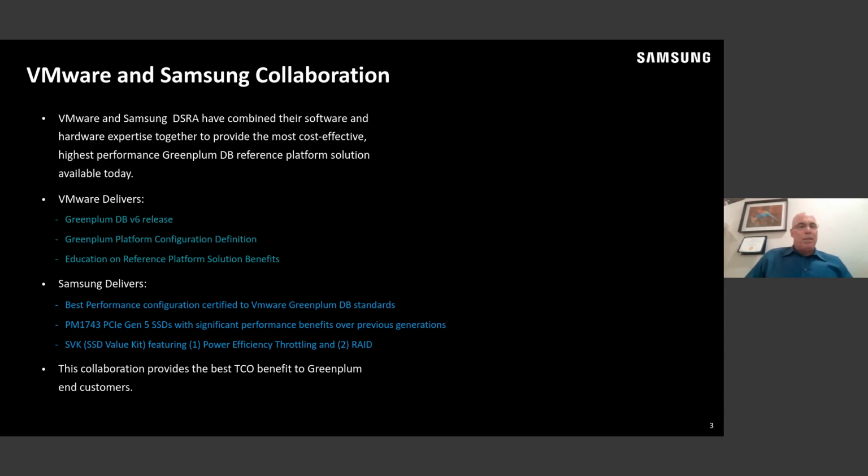And more specifically, Samsung has offered up the PM1743 PCI Express Gen 5 solid state drives with significant performance benefits over previous generations. And we'll give you more information on that shortly. And also the SSD Value Kit, the SVK, which features many feature enhancements, including power efficiency throttling and RAID.